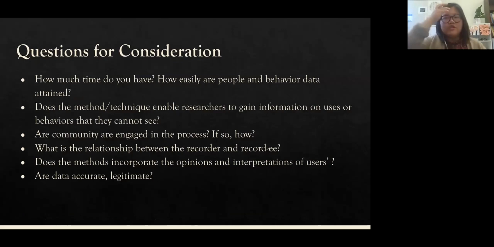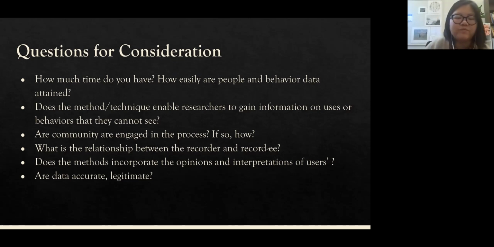All right, so we have talked about 6 different methods, and they all are slightly different. I would say they have their pros and cons. So I want to encourage you to think about how much time you have, how easily people and behavior data are attained, and whether the community is engaged in this process.